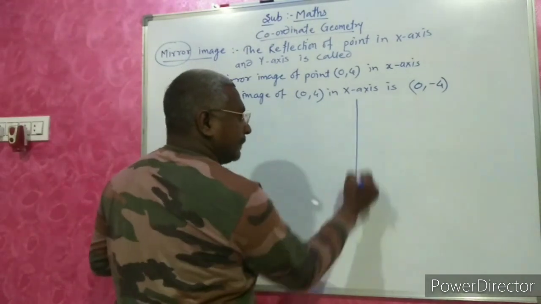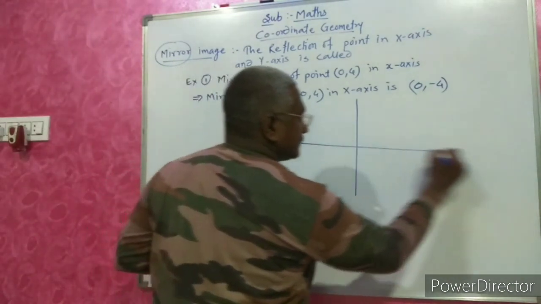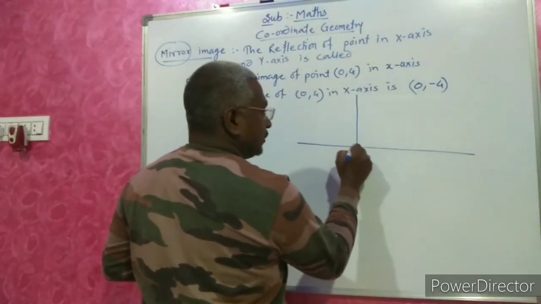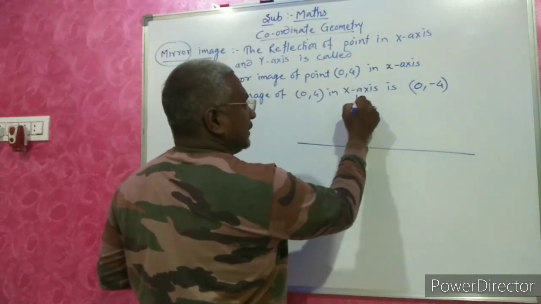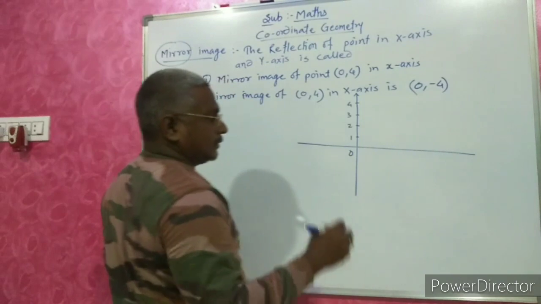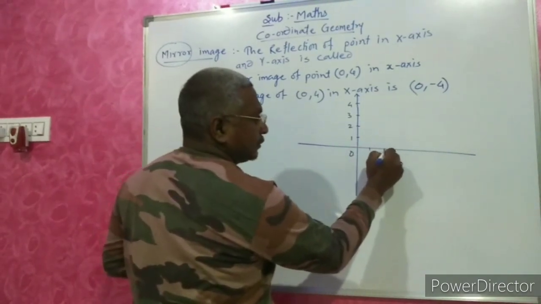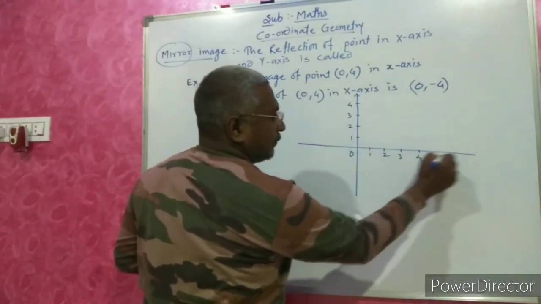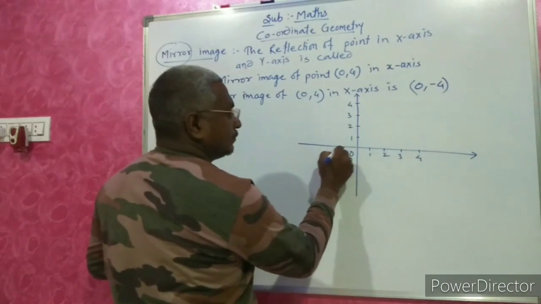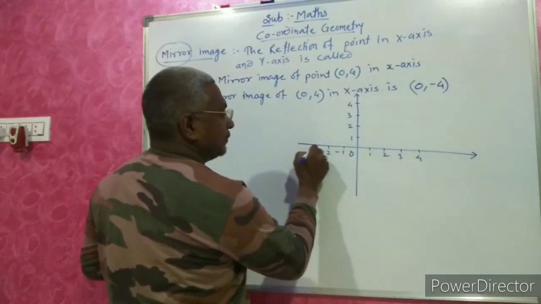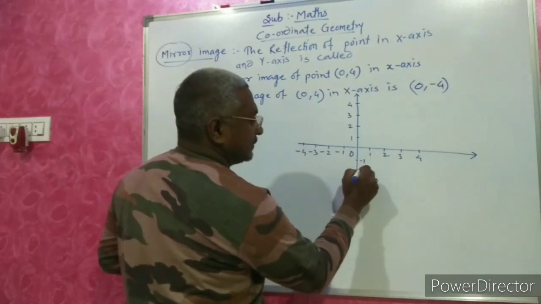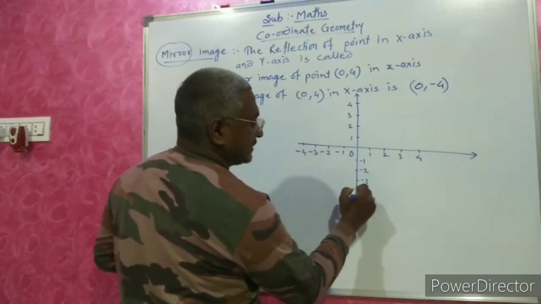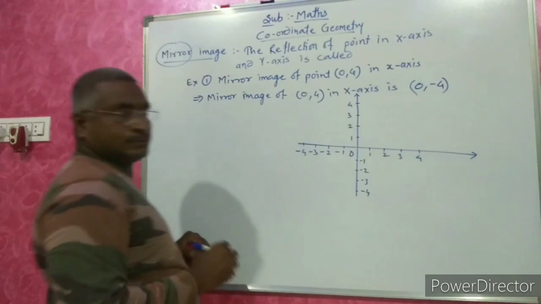For example, if we draw the axes like this: 0, 1, 2, 3, 4, and -1, -2, -3, -4 on both axes.